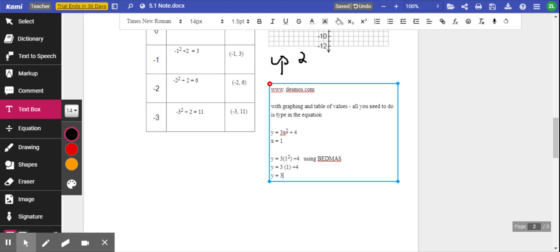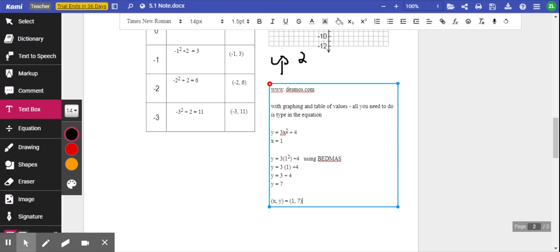So y equals 3. We've dealt with this. It equals 1. Then it would be multiplication. So 3 times 1 equals 3 plus 4. And then we would go to our addition and subtraction, and that being y equals 7. And if we did our x and y coordinates, it would then be 1 and 7.